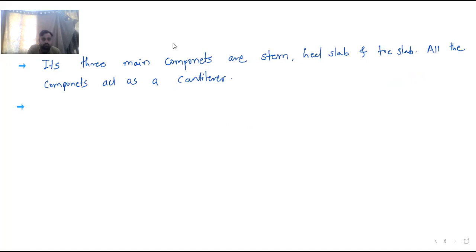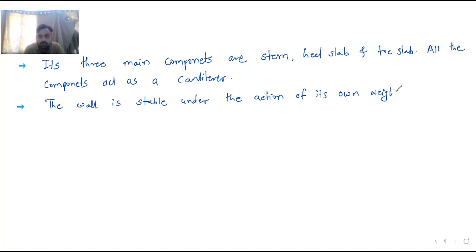Then the next point, the wall is stable under the action of its own weight and weight of soil resting on heel slab.